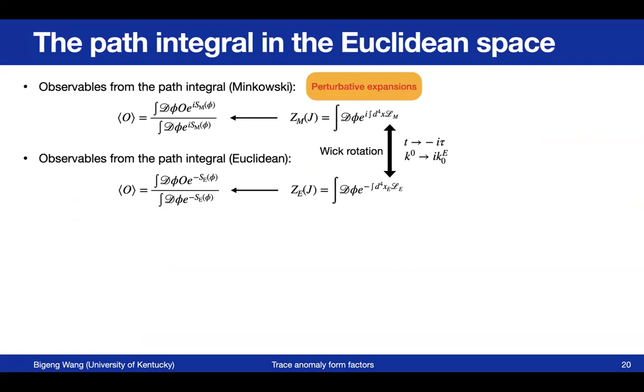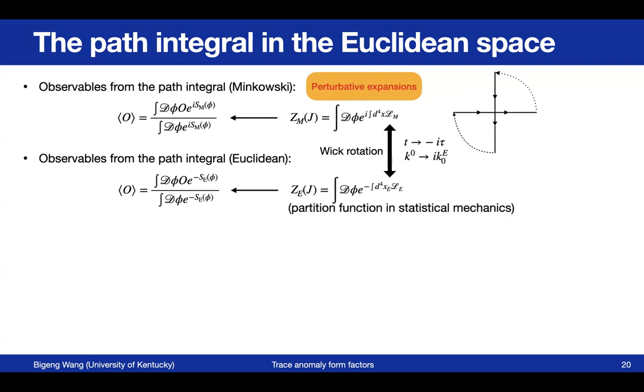In contrast to the perturbative way, where we define the observables in Minkowski space, where we can evaluate all these correlation functions with perturbative expansions, here we perform a Wick rotation on the path integral, so that everything is converted to Euclidean space.